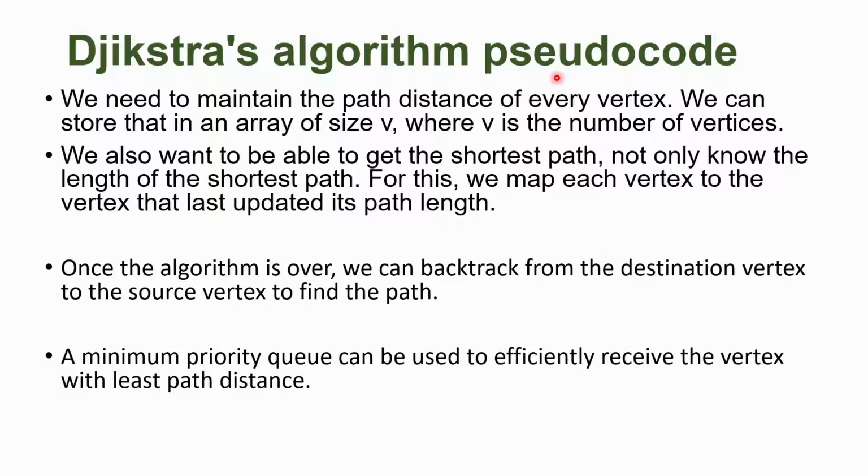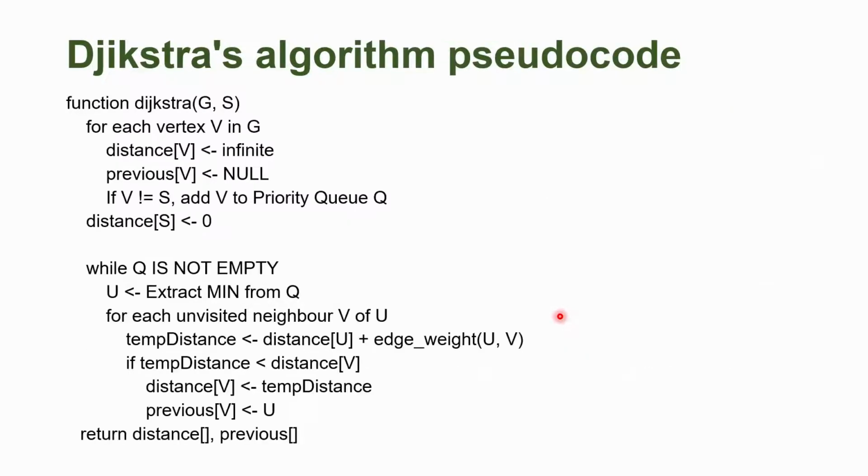For this, we are going to map each vertex to its previous vertex, and then we are going to update its path length. Once the algorithm is over, we can backtrack from the destination vertex to the source vertex to find the path, which is the shortest path. A minimum priority queue can be used to efficiently retrieve the vertex with the least path distance.